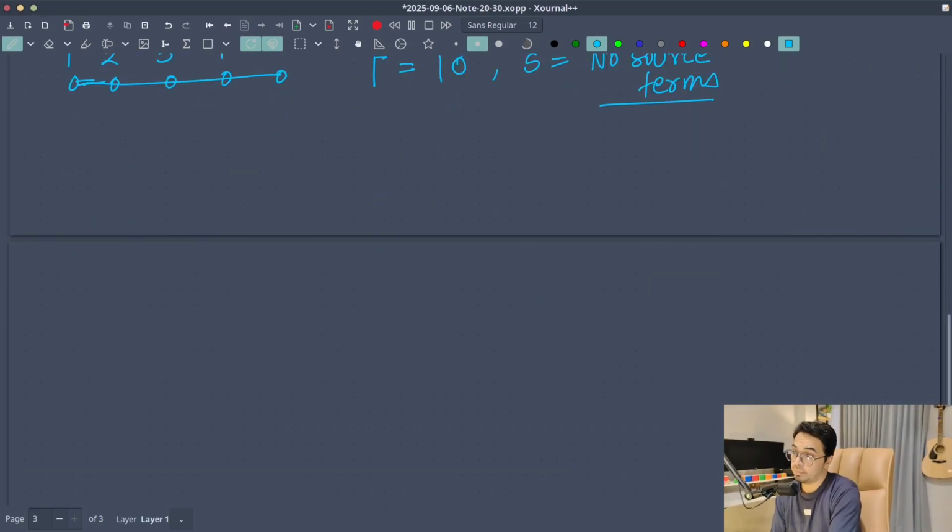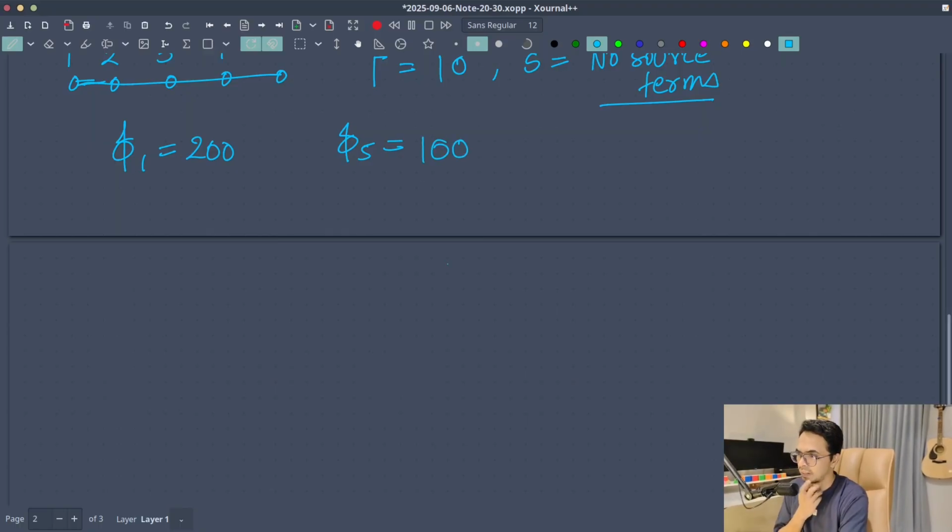Phi 1 and phi 5, these are the boundary nodes. Now what do we do with them? That is the question. So let us go with the first case, which is the Dirichlet case, and that is a very straightforward case. So say I assume a value of 200 here, 100 here, and if I decide to do that, I can simply now find out the value of phi 2, phi 3 and phi 4. Then I'm good to go.